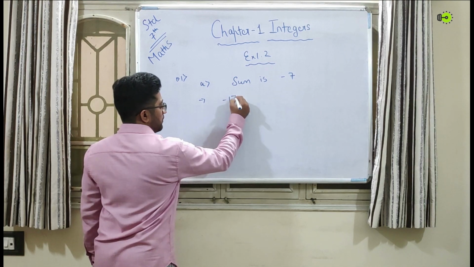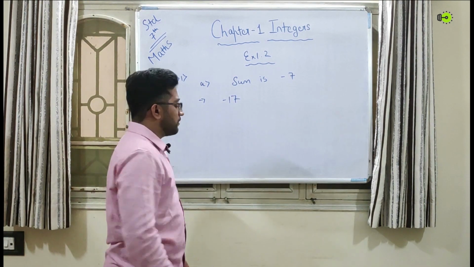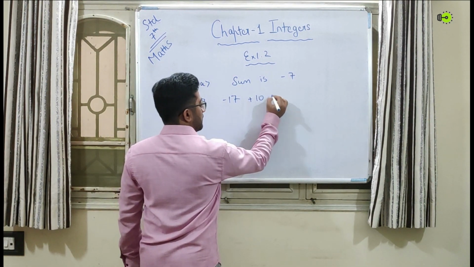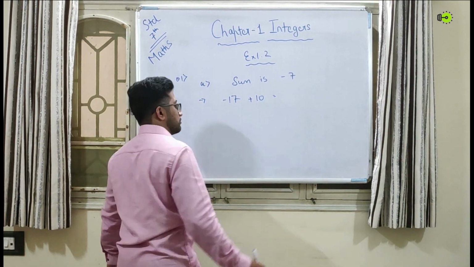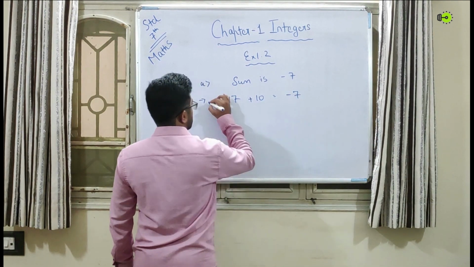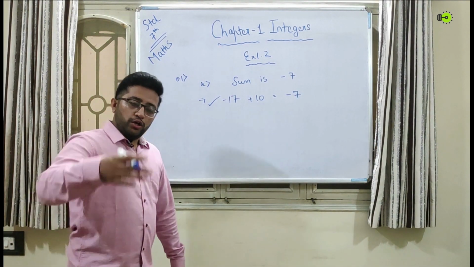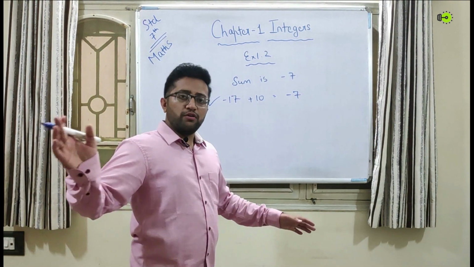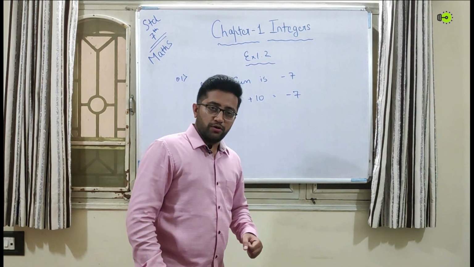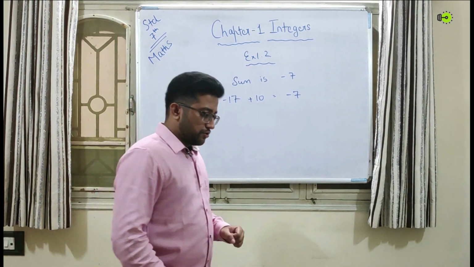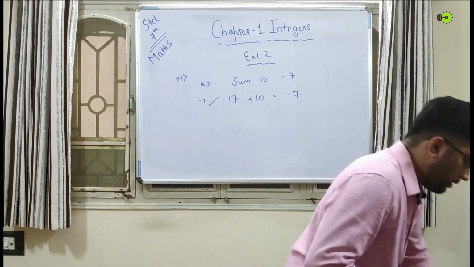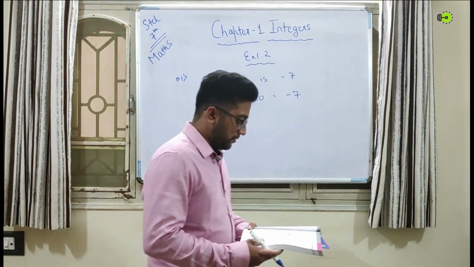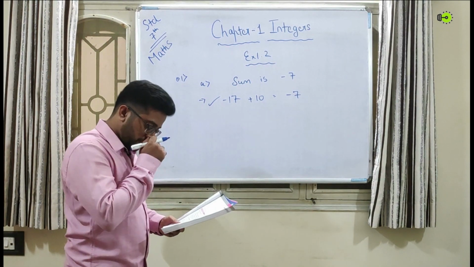So we will take minus 17 plus 10, plus minus minus, sign of greater, that is minus. So your answer is here minus 7. So this can be the first pair, right? You can make any number of pairs as per your wish. Okay, so please try the same at your home. Similarly, points B and C of question number 1 are your homework. You can try the same, and if you are having doubts, ask me in the comment section.